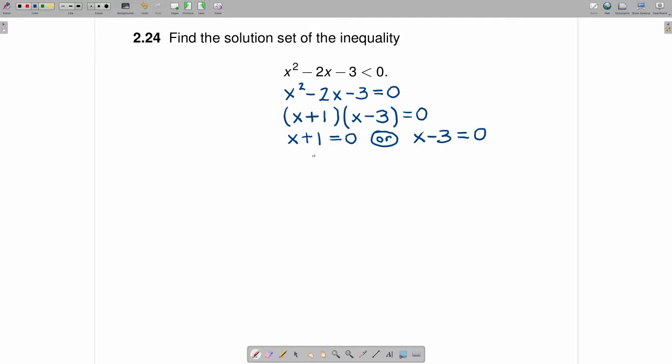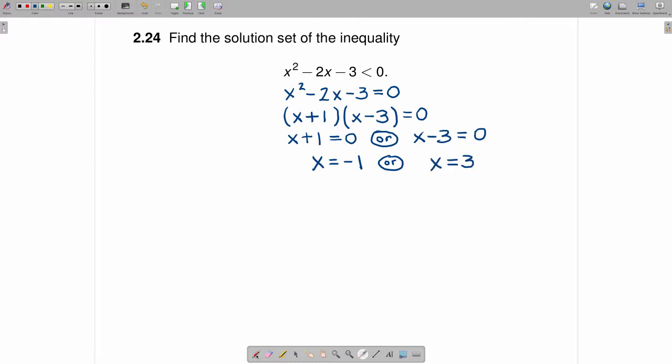When you subtract 1 from the left-hand side, you get x equals negative 1. And when you solve this equation, you want to add 3 to both sides. When you add 3 to the left-hand side, you get x. When you add 3 to the right-hand side, you get 3. So it turns out our two solutions are x equals negative 1 and x equals 3.